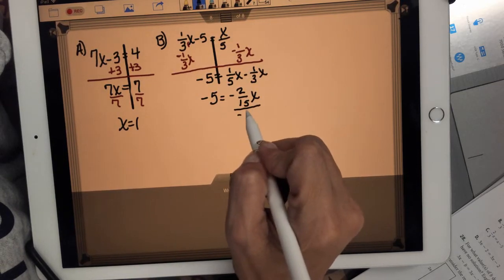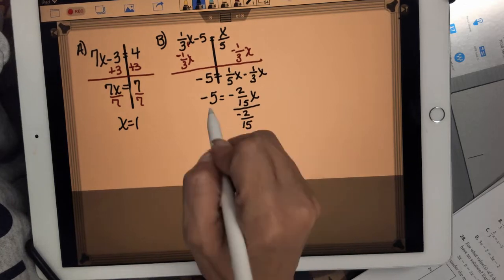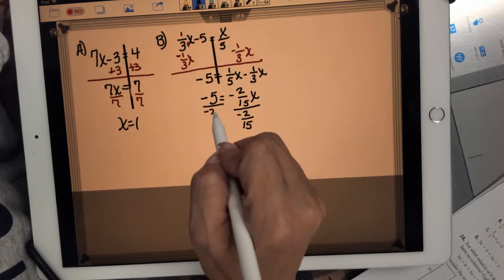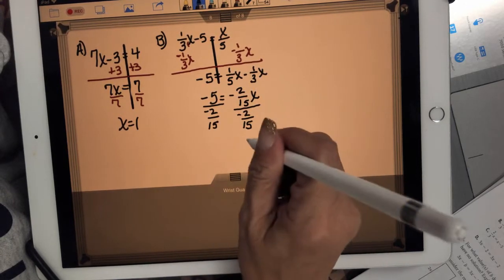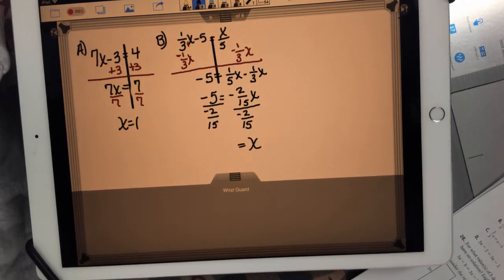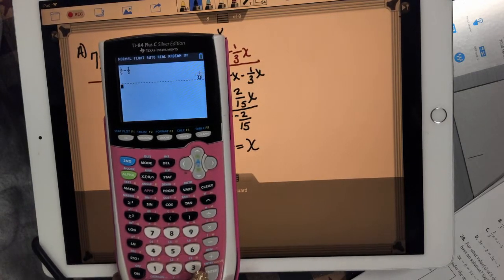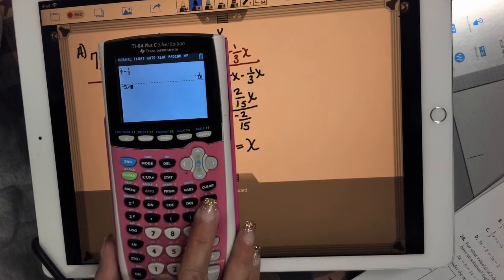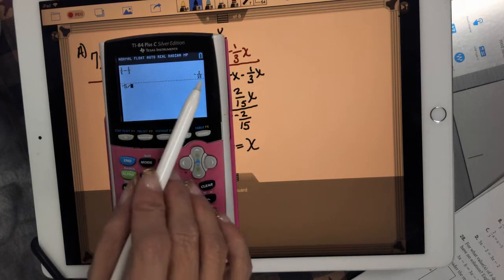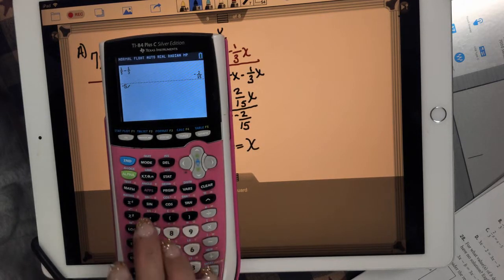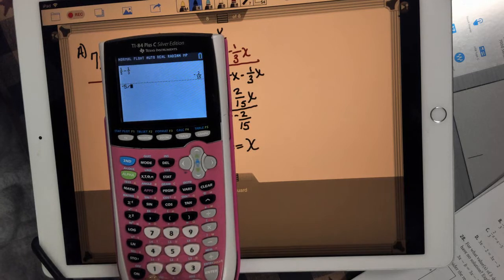I would divide by negative 2 over 15, and x would equal, and I'm going to go back to my calculator because I have all that in there, right? Negative 5 divided by, I can divide by the answer. And the answer button, I got to hunt for that. I haven't used it in a while.